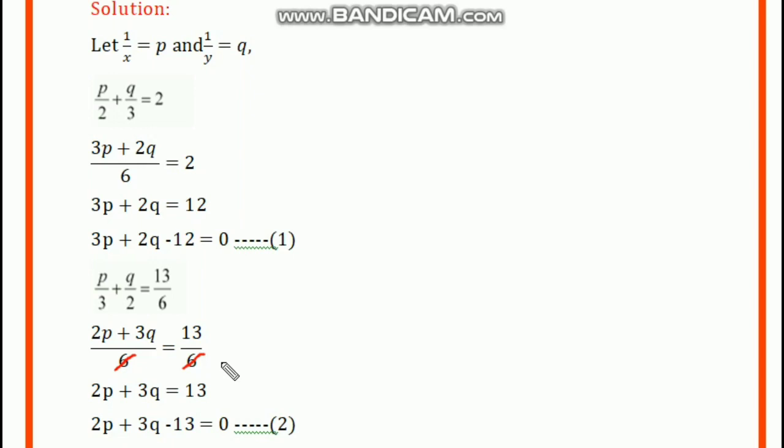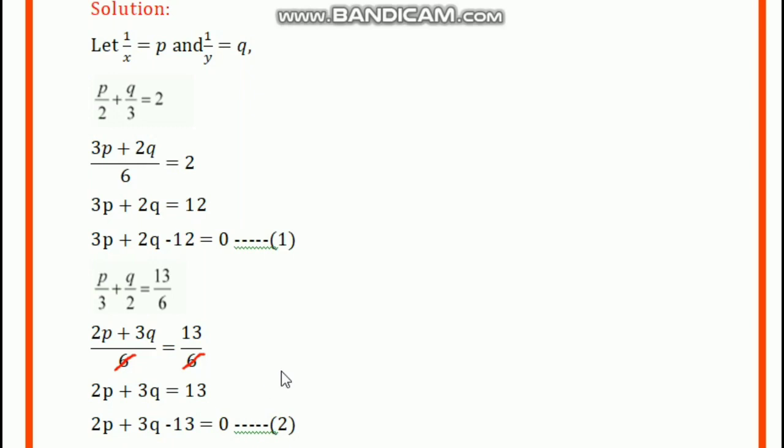Or directly we can cancel the 6 and 6. Then what about the remaining? The remaining is 2p plus 3q equal to 13. So 2p plus 3q minus 13 equal to 0. So that is the second equation. I hope you all understood this concept.